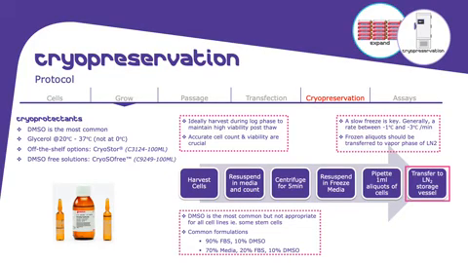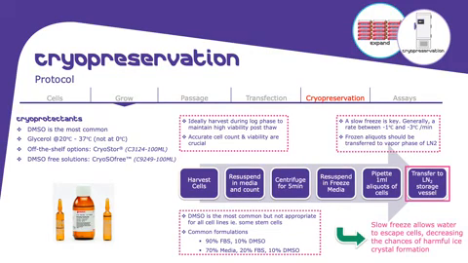Some are using more electronic ones, but generally the rate should be -1 to -3 degrees a minute. The slow freezing is very important because it's important to get rid of any water left in the cells, because otherwise it will turn into icicles and will be absolutely harmful for the cells.